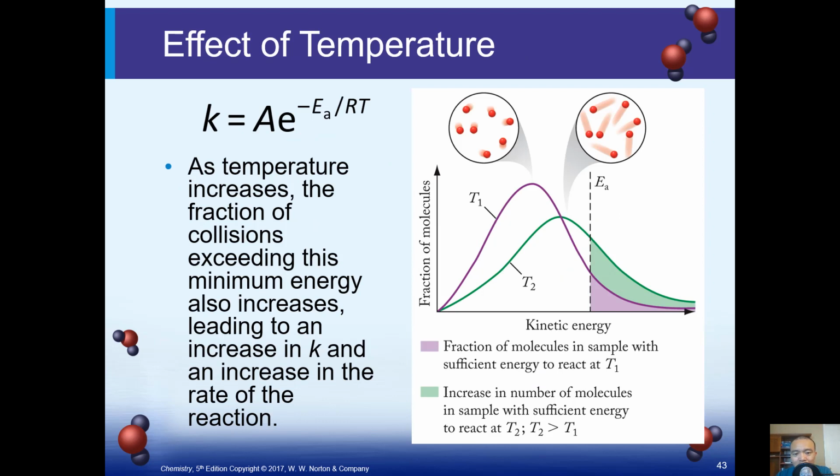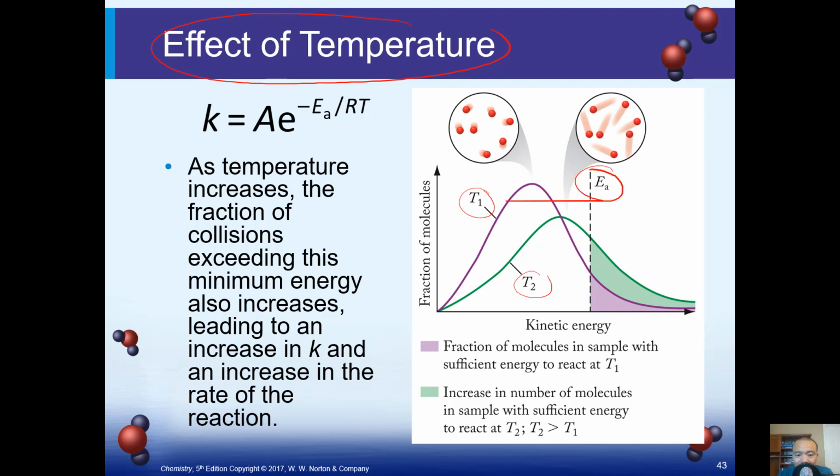We can rationalize the effect of temperature on k by recalling how kinetic energy is related to temperature. Consider the distribution of collision energy at two different temperatures as illustrated, where T2 is greater than T1. On this graph, the dashed line represents the activation energy.